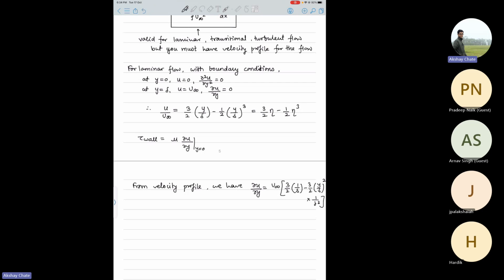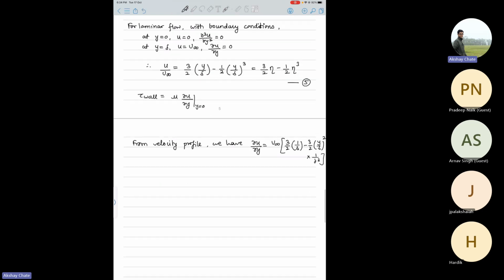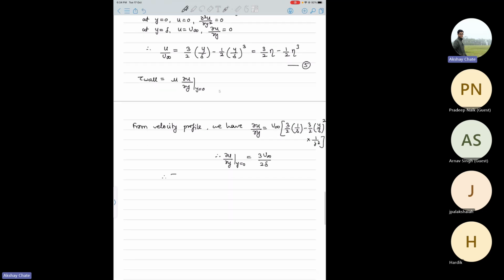Just a differentiation of this. Let's say I put it as equation number 5. So if you differentiate equation number 5 with respect to y, you will get such an expression. And if you put y equal to 0 in this expression, the second term goes away, so what you end up with is 3u infinity by 2 delta. Therefore, your tau wall is nothing but mu into 3u infinity by 2 delta. So you have some expression on the tau wall side.